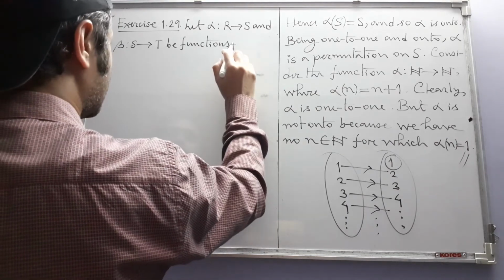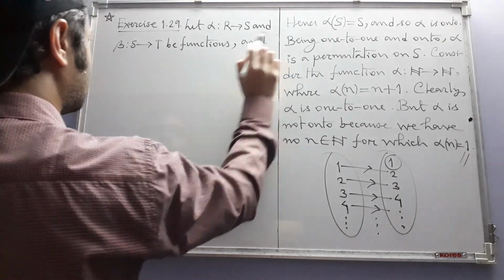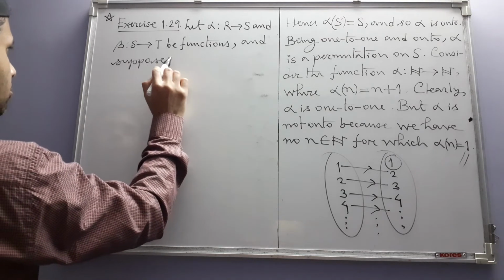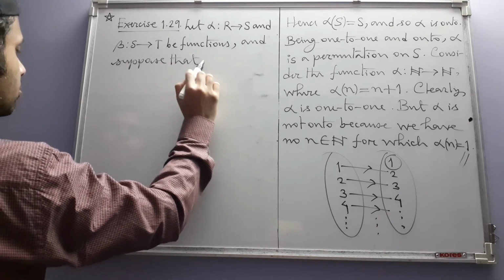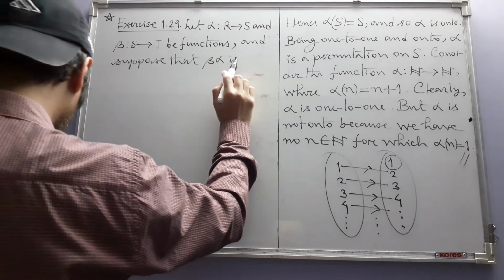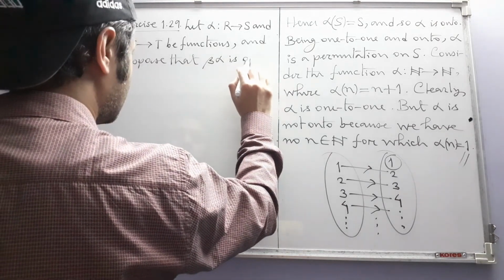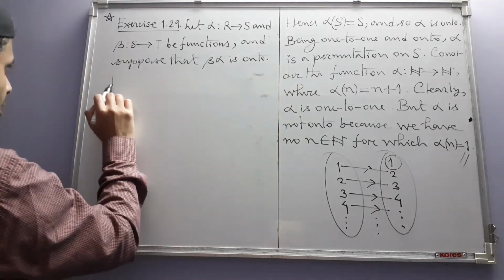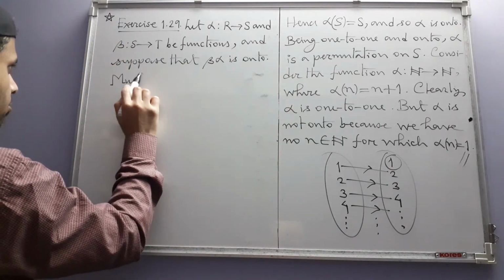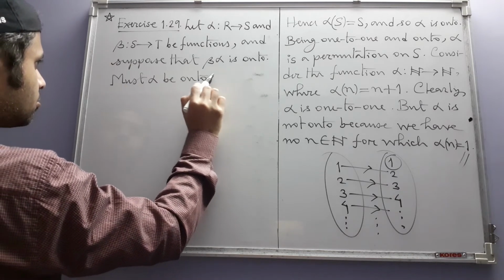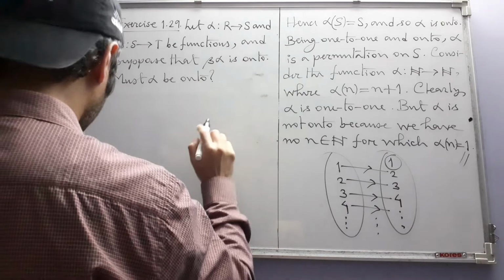And suppose that beta composition alpha is onto. Must alpha also be onto? Must beta be onto?